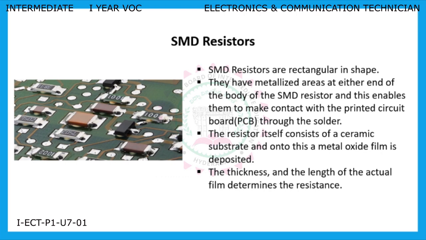SMD resistors. You can see the image of the SMD resistors in the following diagram. SMD resistors are rectangular in shape. They have metallized areas at either end of the body of the SMD resistor, and this enables them to make contact with the printed circuit board PCB through the solder.